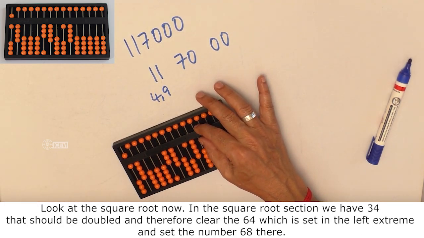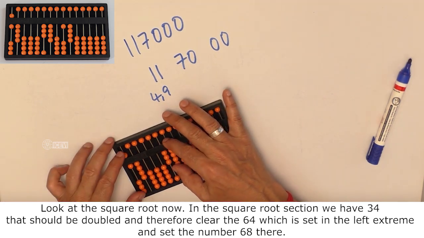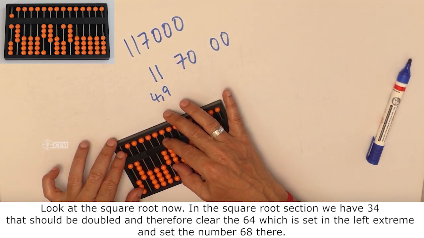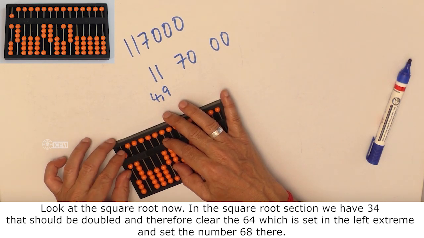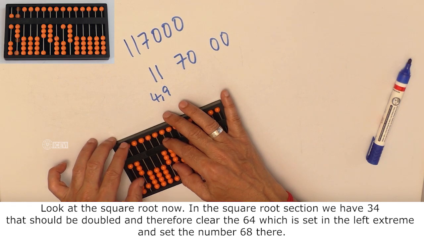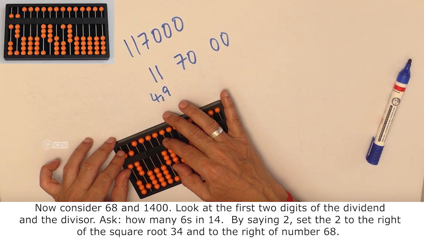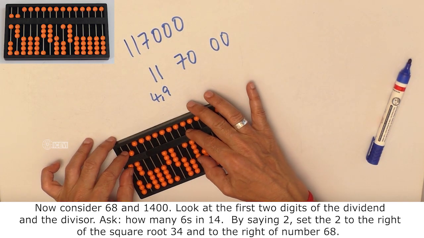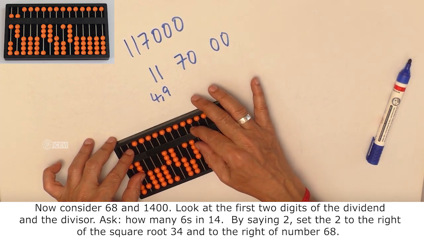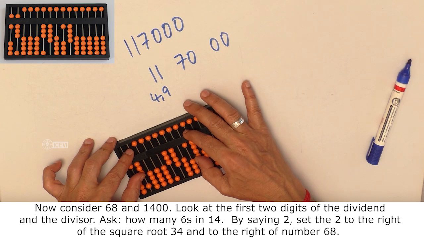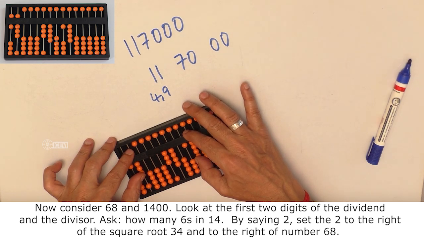In the square root section, we have 34. That should be doubled, and therefore the 64 in the left extreme of the abacus will become 68. Now consider 68 and 1400. Look at the first 2 digits of the dividend and the divisor.